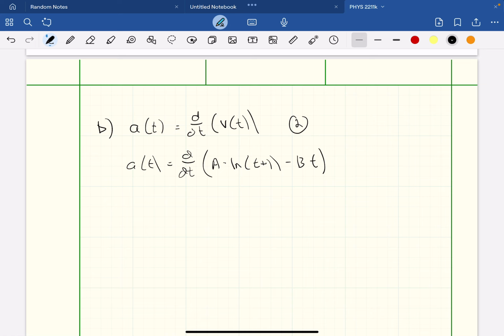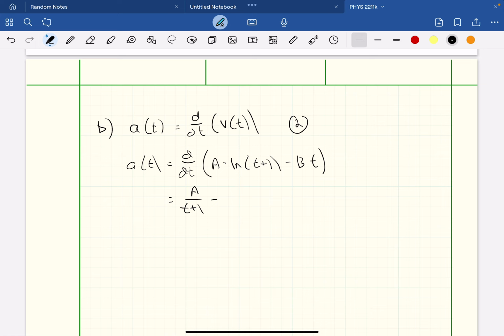All right, so my acceleration, again, now we're going to have to look up some derivative rules in the tables that I provided, and the derivative of the natural log is 1 over x. And here, my x is t plus 1, so the derivative is 1 over t plus 1. So this gives us a divided by t plus 1 for the derivative of that first part.